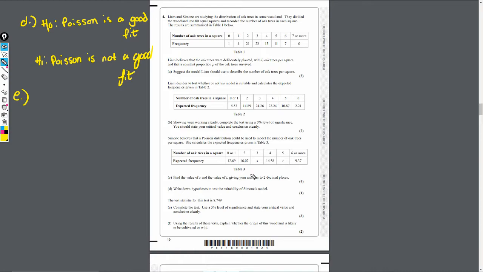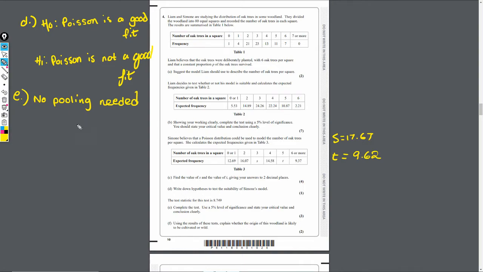So my S was 17.67, so we'll just write that over there, S equals 17.67, and then my T, that was equal to 9.62. So S and T, that's these. Well, all these values are greater than 5, right? So we don't need to do any pooling. So that's the first thing. So no pooling needed. So the good thing is that we don't need to do any pooling.